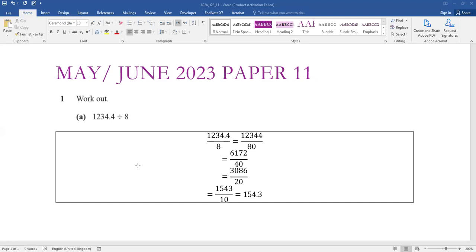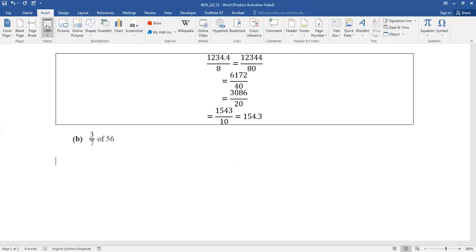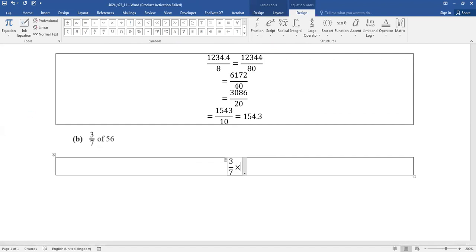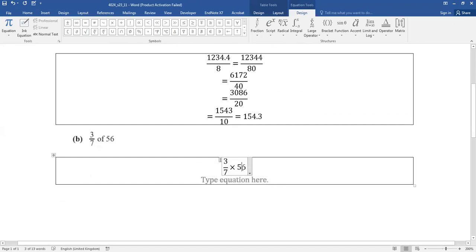The next part is again regarding numbers. So this part says 3/7 of 56, where 'of' means multiply. We can obviously understand this is fraction multiplication. The numerator multiplies with the numerator, the denominator multiplies with the denominator. Even if it's just 56 written, it's 56 upon 1.